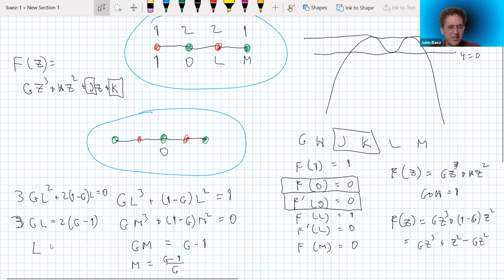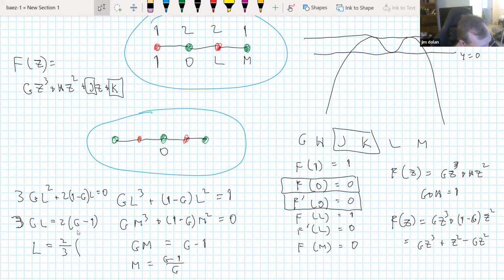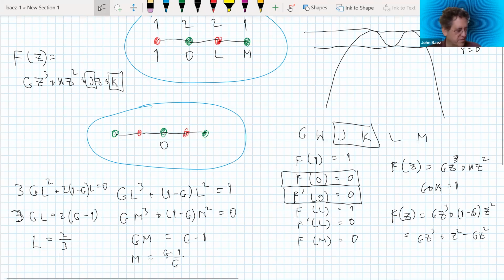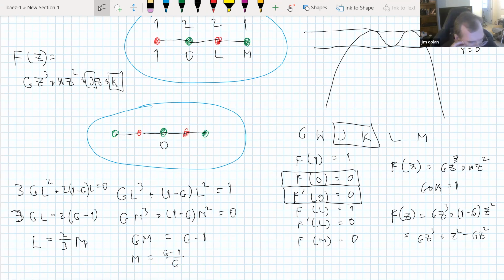That's good, it's very good to solve for L. So L is 2/3 G minus 1 over G, which is actually M. Remember, we solved for M as G minus 1 over G. So it sounds like you're saying it's 2/3 M. That's nice. Yeah, I think that fits with what I said before about my guesses.